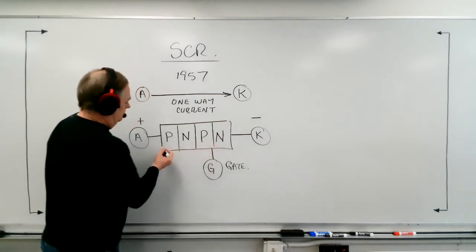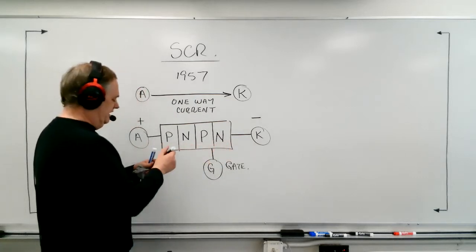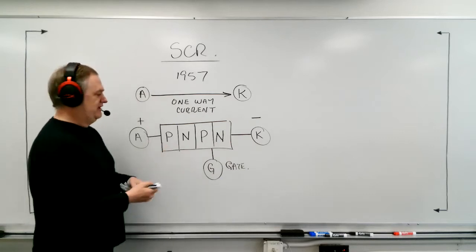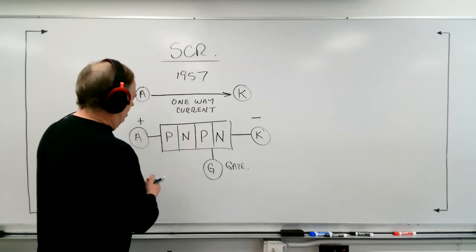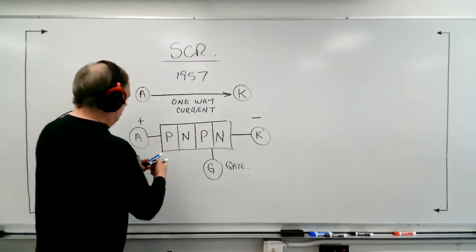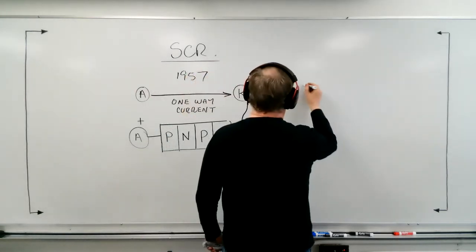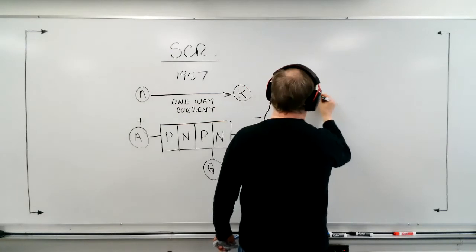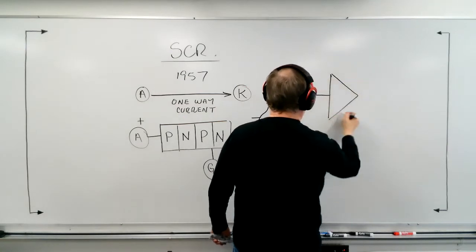These 4 layers make a very interesting combination. I'm going to explain how the current actually gets through here and how this works in a little bit of detail. But first, let me show you the symbol for this component, and it looks like this. We start with the anode. It looks a little bit like a diode symbol.